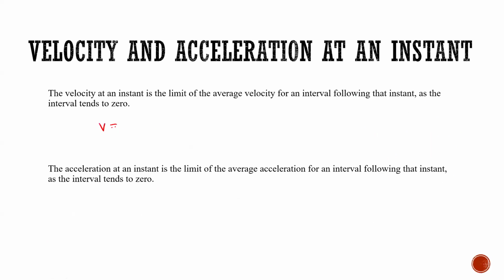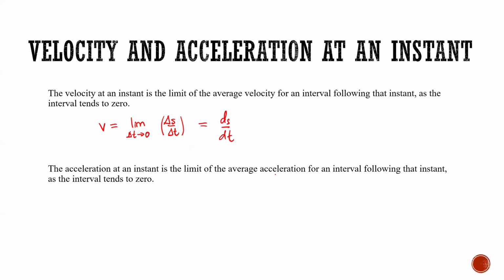In other words, we're defining v as the limit as delta t tends to 0 of delta S out of delta t, and this is in fact ds/dt.